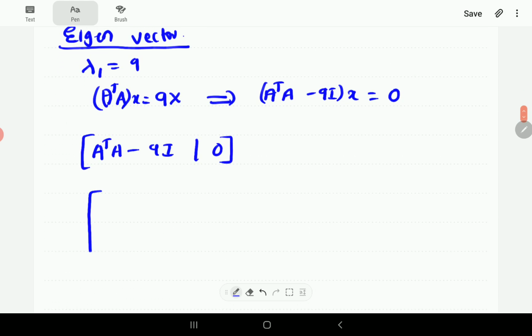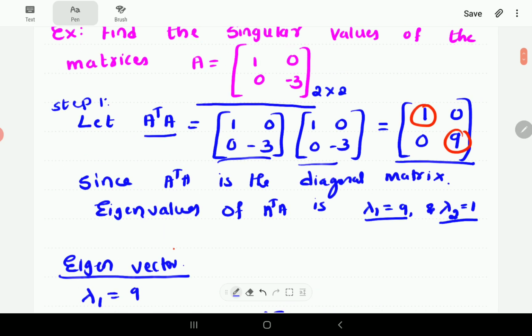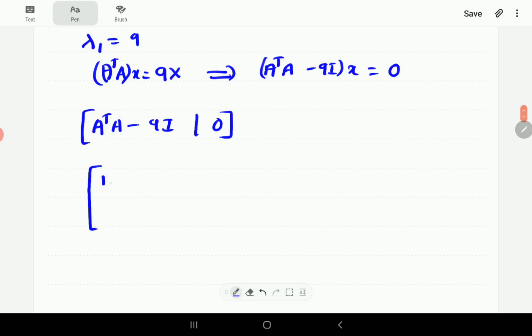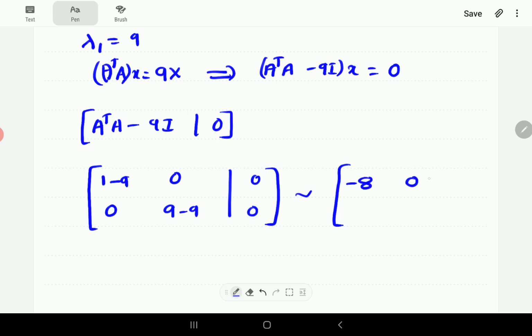So let us start with this one. What is our A transpose into A? That is 1, 0, 0, 9. So it is 1 minus 9, 0, 0, 9 minus 9, augmenting this with 0. So this gives us negative 8, 0, 0, 0, 0, 0.